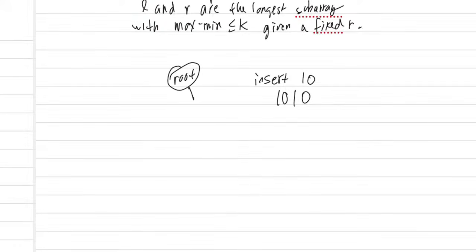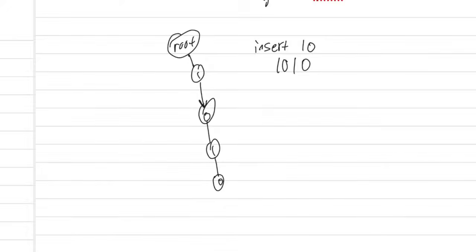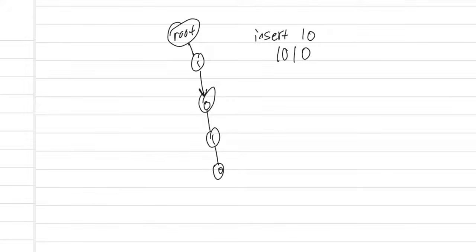So consider we want to insert 10 in this trie, then we're going to go from the most significant bit to the least significant bit. So we're going to have something like this, right? And say we want to insert, I don't know, what's a good number? 3. So that'll be 0011. Actually that's not a good example.